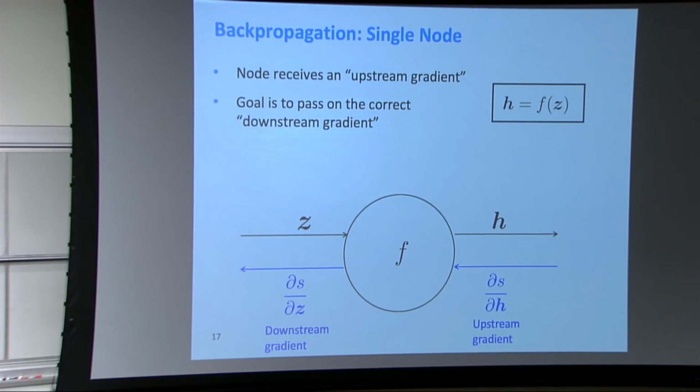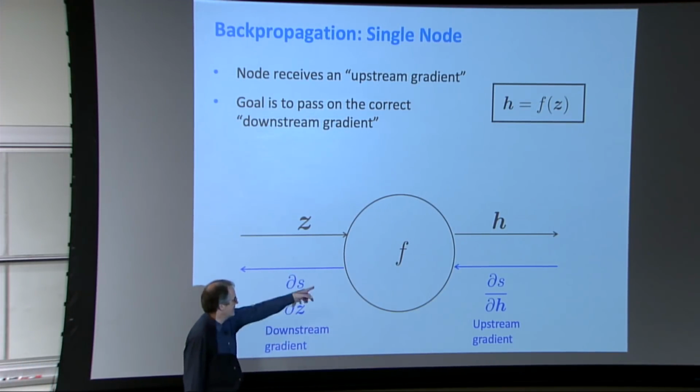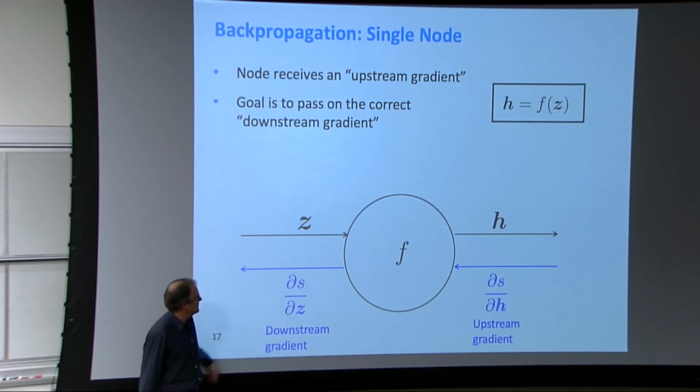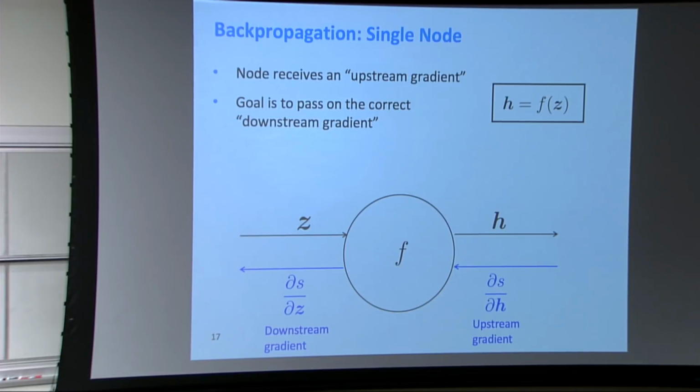So that's the partial of S by H here. And then we did some operation here. Here's the nonlinearity, but it might be something else. And so what we want to then work out is a downstream gradient, which is the partial of S by Z, which was the input to this function. And well, then the question is, how do we do that? And the answer to that is we use the chain rule, of course, right?